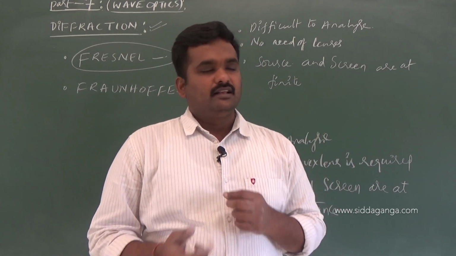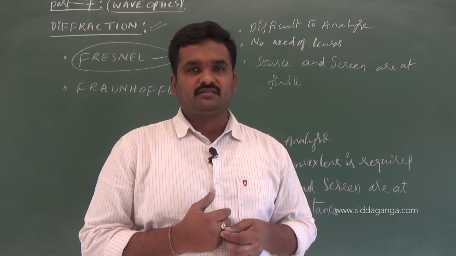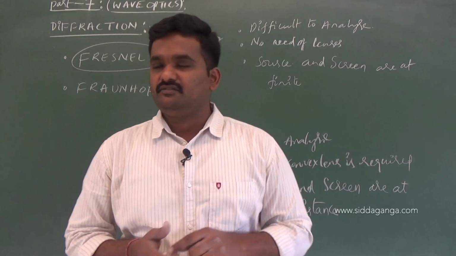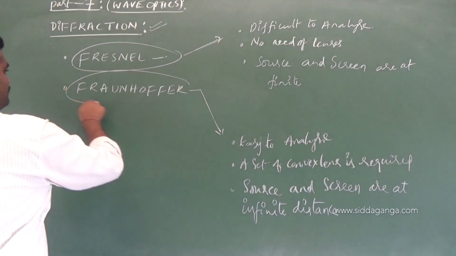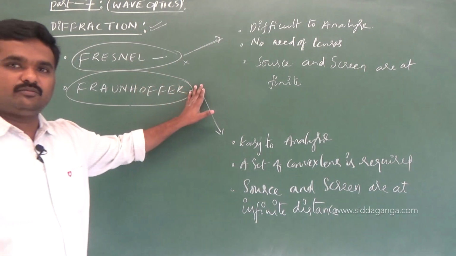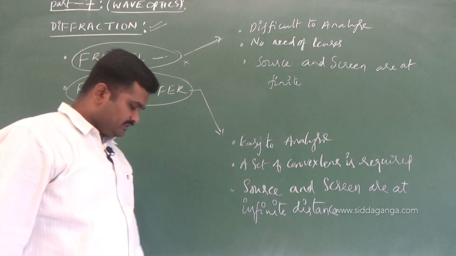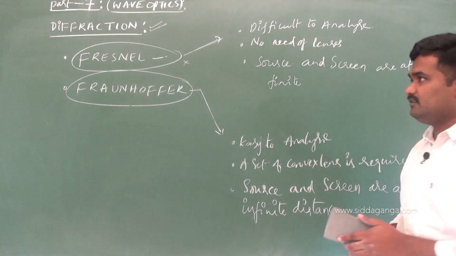How is it in case of diffraction? We need to study that. In case of Fraunhofer diffraction only we are going to study. We are not bothered about Fresnel diffraction. We have to study Fraunhofer diffraction. So let us have a small discussion on the analysis of Fraunhofer diffraction now.